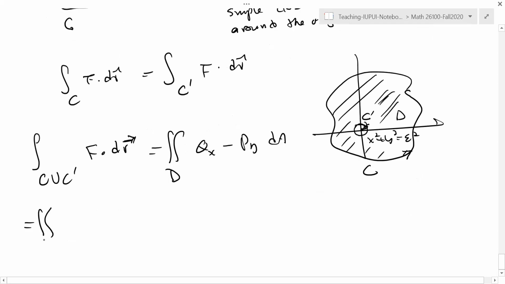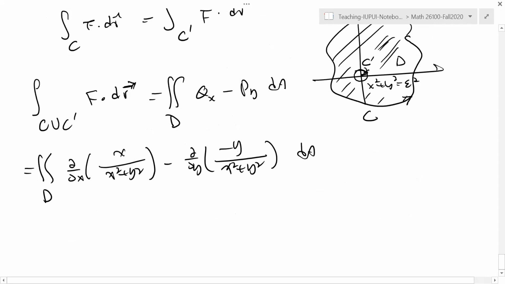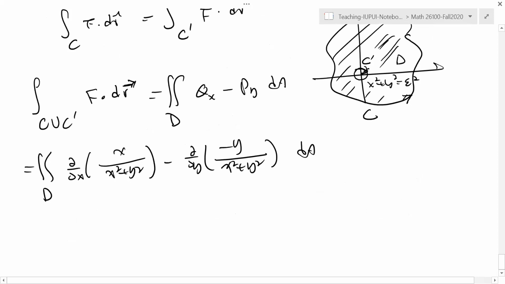The partial derivative of our given one, x over x squared plus y squared. So let's do the calculation. We hope this is going to be 0. Otherwise, it depends on the shape of the closed curve.